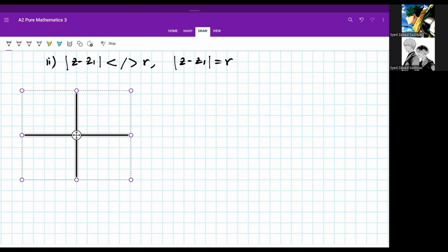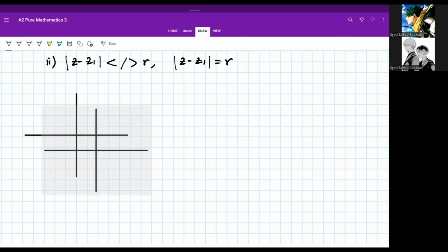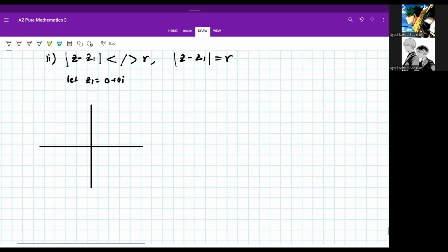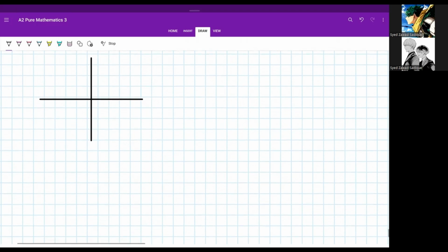If it's this case, let z1 equal 0 plus 0i. Then the center is 0, so you can just draw a circle like this, since the center is 0, 0.